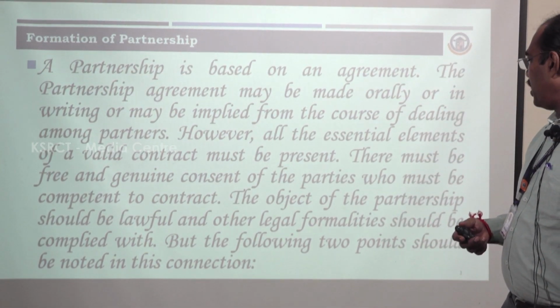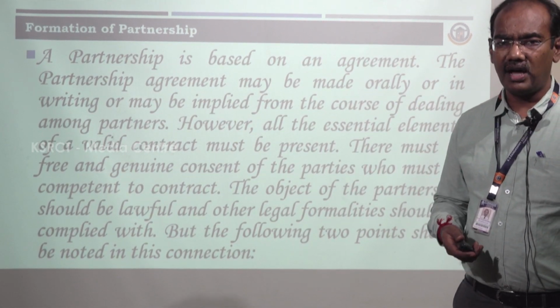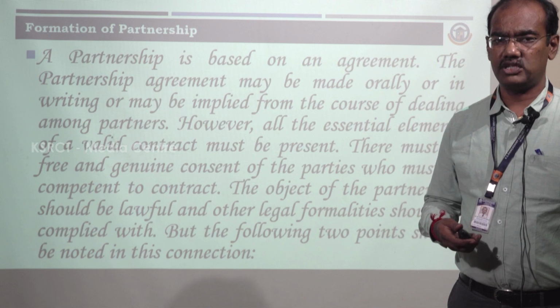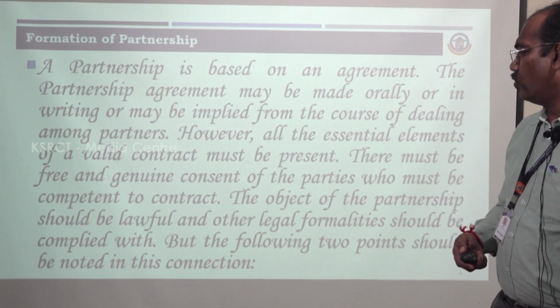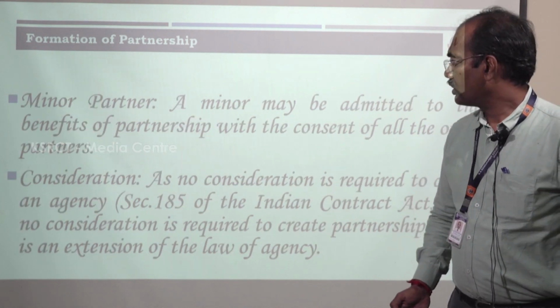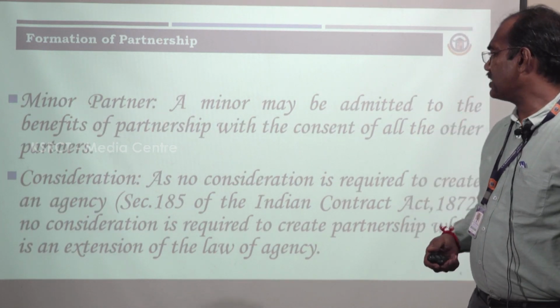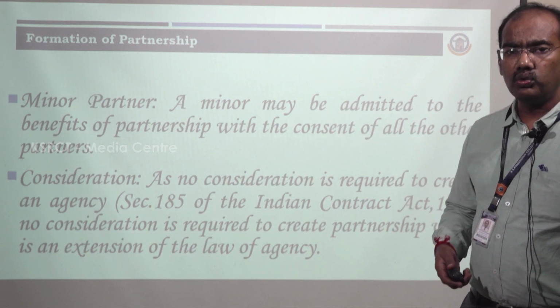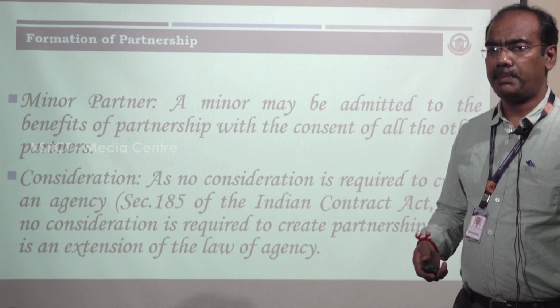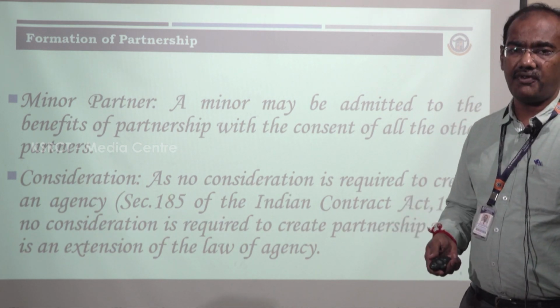And other legal formalities should be complied with in the partnership. Whatever legal formalities there are for doing the business, those have to be complied with. But the following 2 points must be noted in this connection. You should not enter into a contract with a minor partner, but sometimes a minor may be allowed as a partner, with the consent of all the other partners.